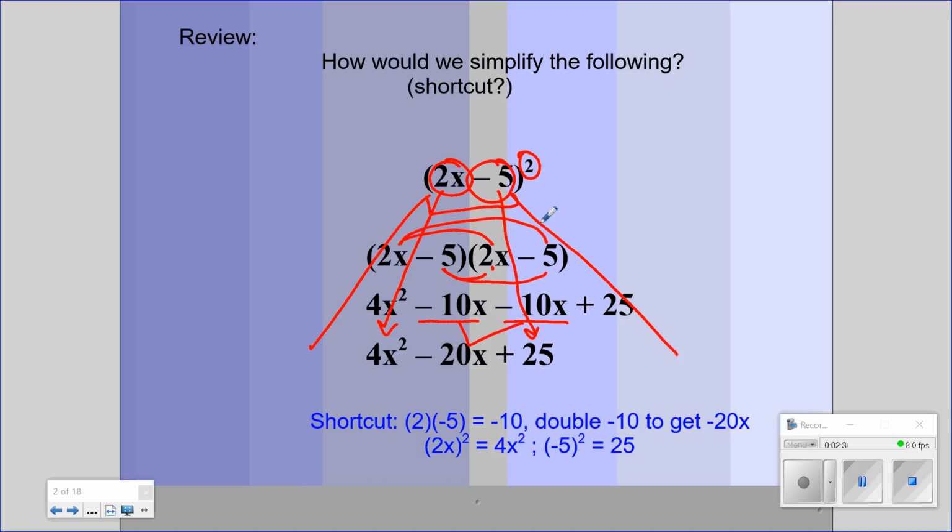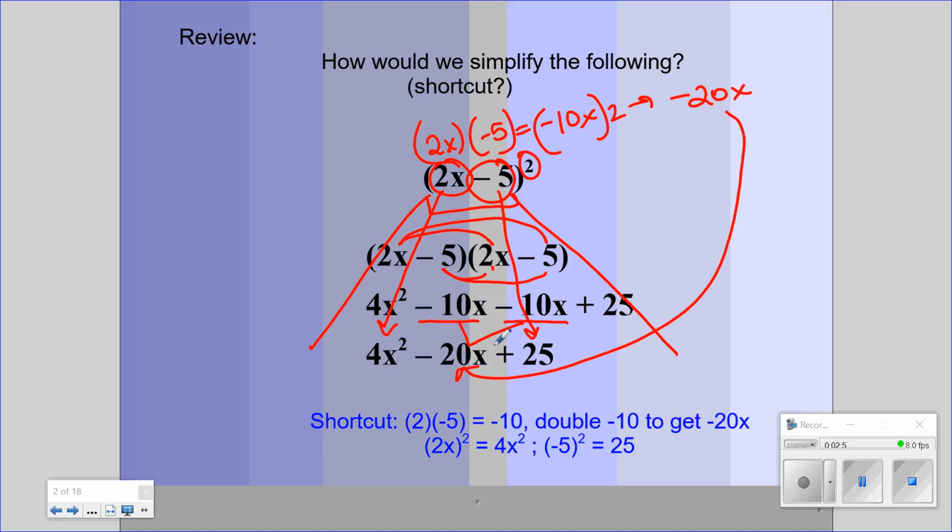Then for the middle term, and this was the part that was a little bit different, we take the two terms, 2x and negative 5, and we multiply them together to get that negative 10x. And because it will show up twice, we double this negative 10x to get negative 20x, which ends up being your middle term. So that was the shortcut that we used. And again, last unit, you didn't have to use the shortcut, but it certainly was helpful in recognizing that pattern.